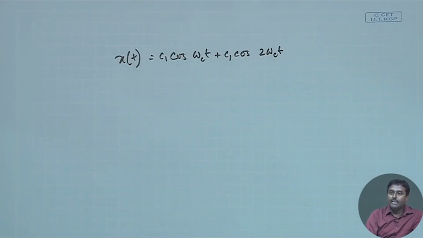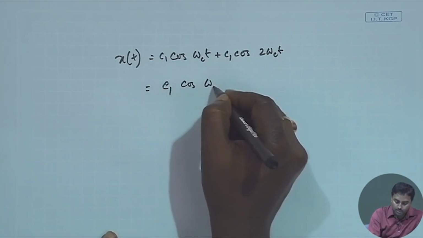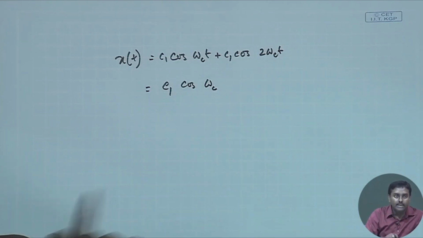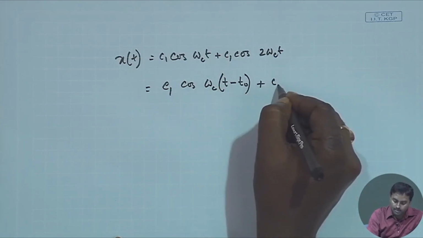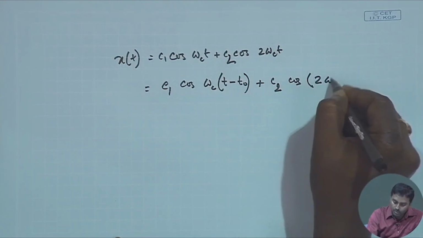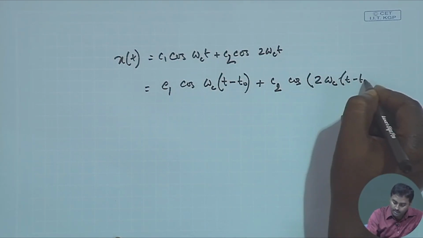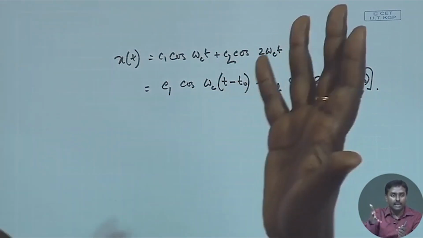Let us say I am providing a delay to it, so it becomes c1 cos(omega_c (t minus t0)) plus c2 cos(2 omega_c (t minus t0)). So it just appears a little bit later, because the circuitry provides some delay, and that delay is t0.